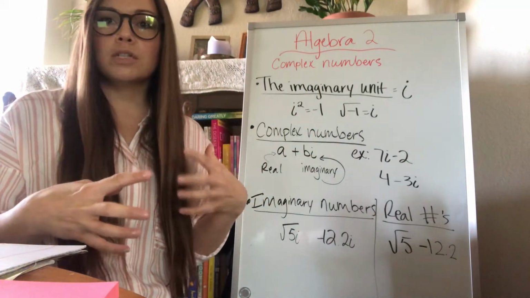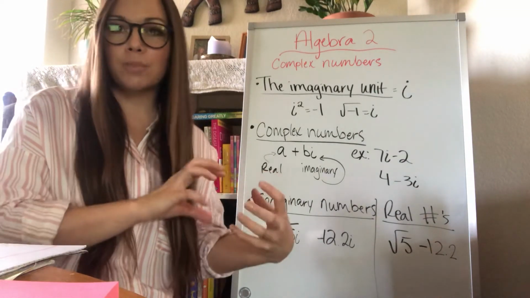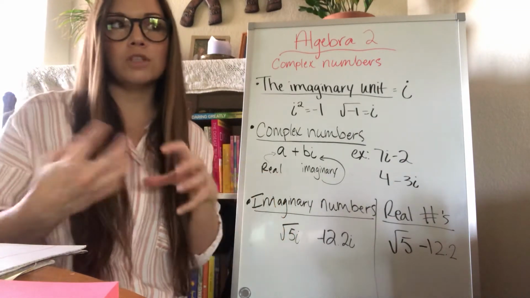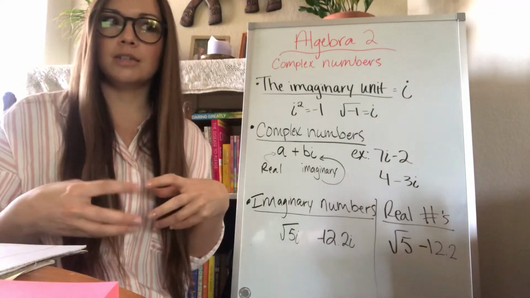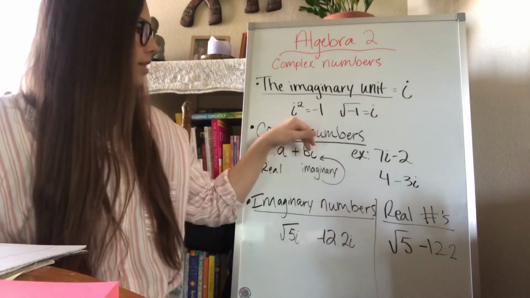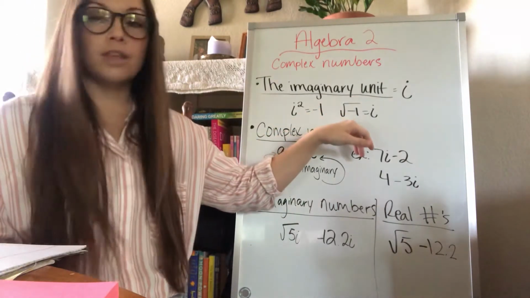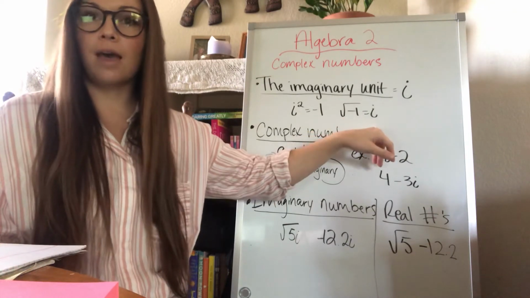Mathematicians as a whole decided to create an imaginary number system to give solutions to problems that they didn't have solutions for. So they created the imaginary unit i. They said that i squared is -1, and therefore the square root of -1 would be i.